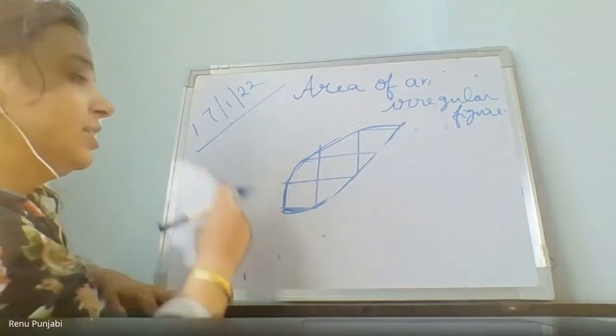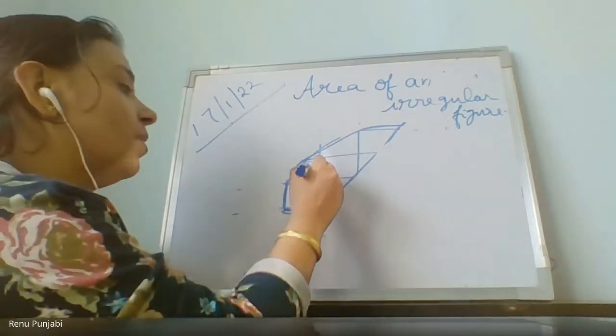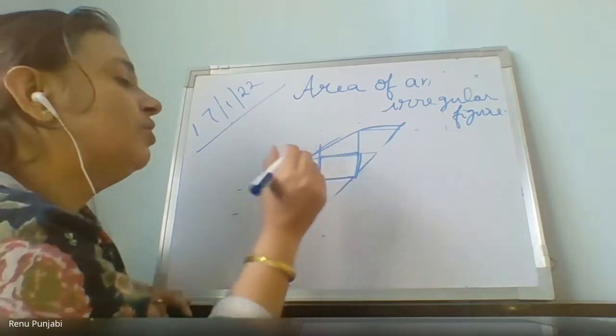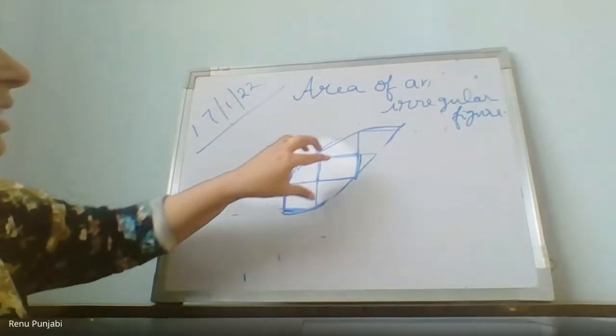Now you need to see the complete squares. Complete squares means all four sides and all four corners should come within the figure.